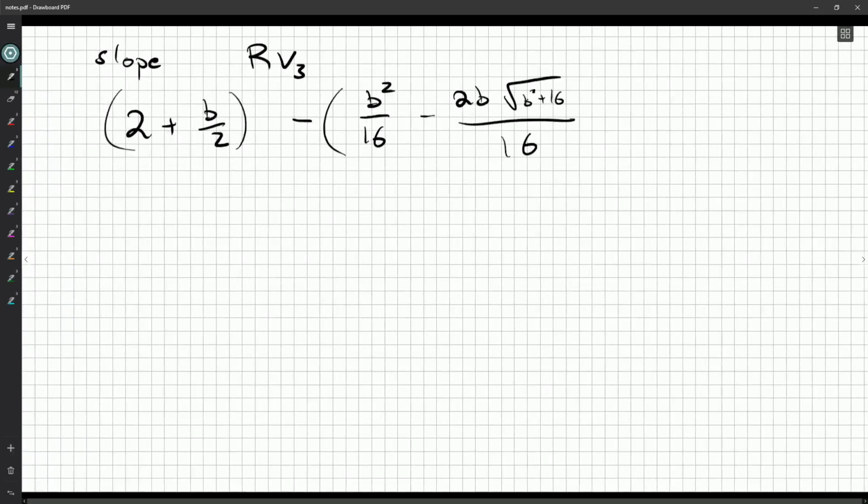That's also over 16. Plus b squared plus 16 all over 16. One thing we're going to do right away, that's going to turn into an over 8. That's going to turn into a 1. So we will get rid of that 2 and that 1 and turn this into a 1.